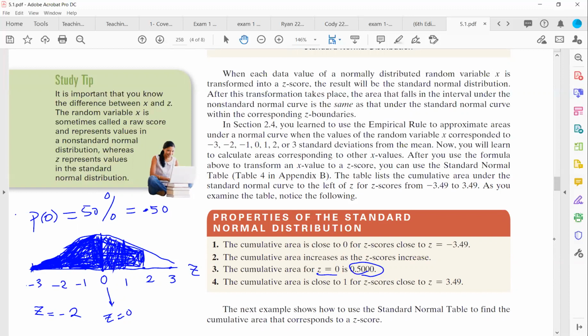If the z value is closer to 3, the area is almost 99%. And if z is positive 3.5, I almost have 100% of the area, which is 1.